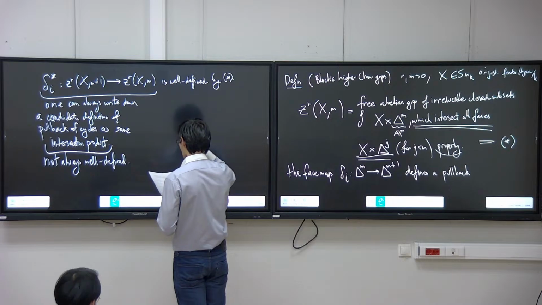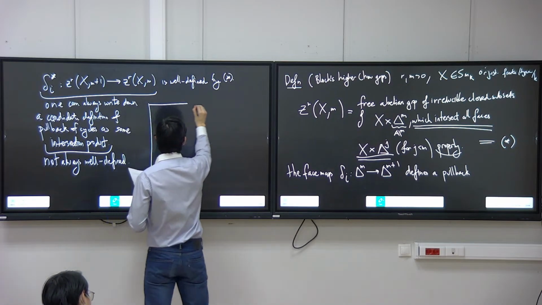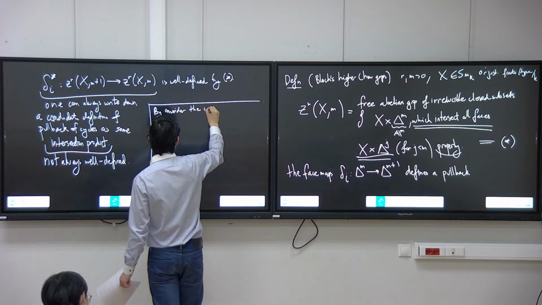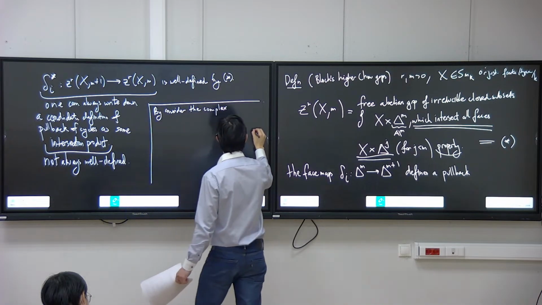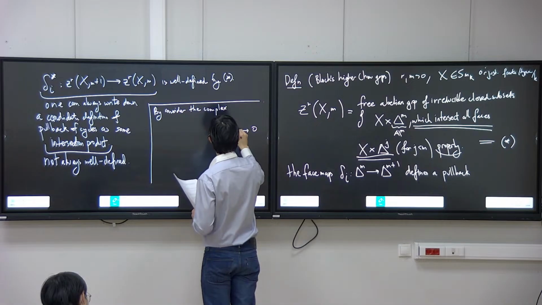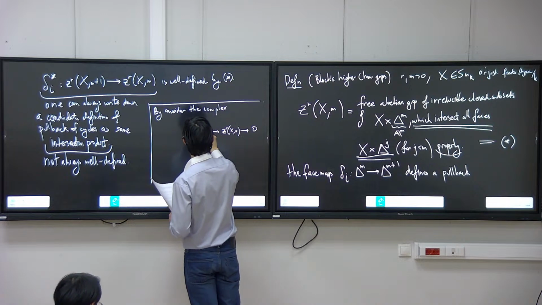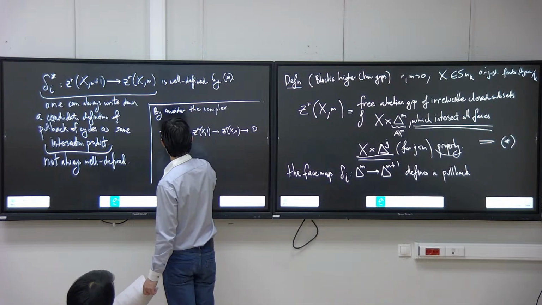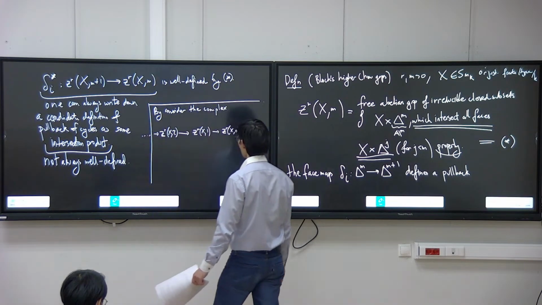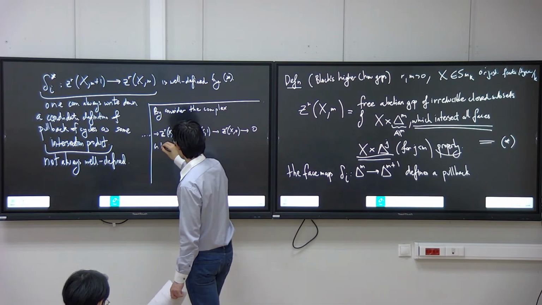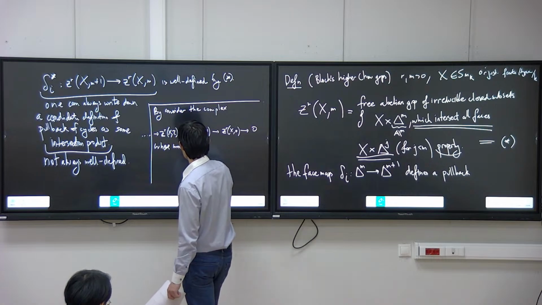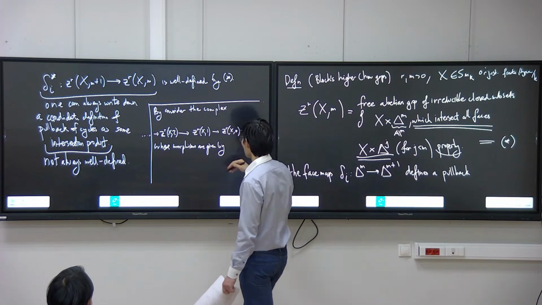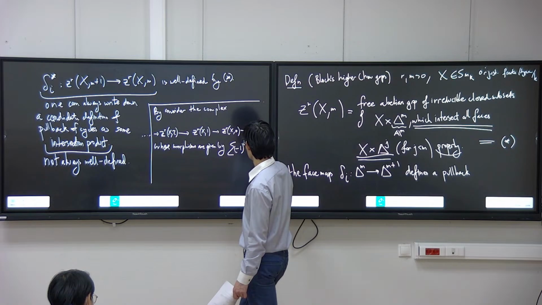So we have these pullback maps, and by considering the complex, let's say 0, and then Z^r(X, 0), then Z^r(X, 1), and Z^r(X, 2), and so on, where the morphisms are given by the alternating sum of these pullback maps, the usual thing, we get a complex.